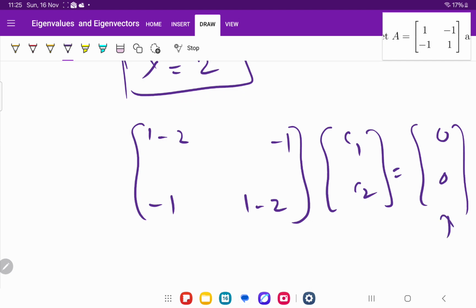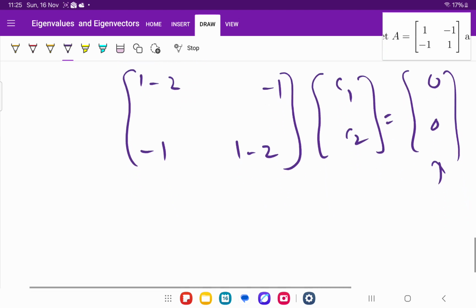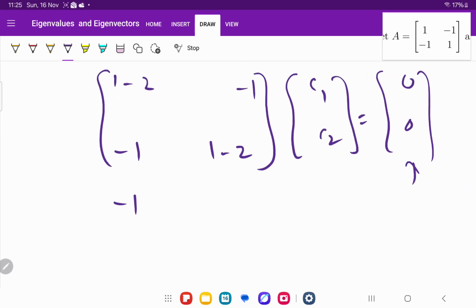This will remain consistent for all situations, 0, 0. So 1 minus 2 is minus 1, giving minus 1, minus 1, minus 1, minus 1.